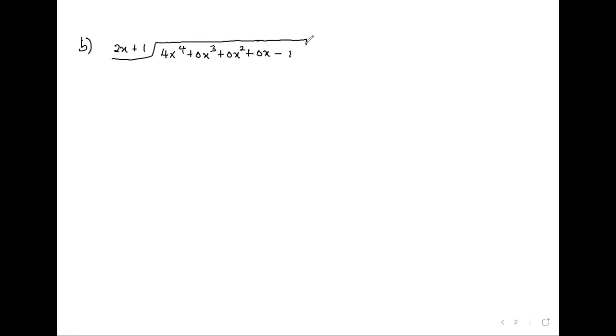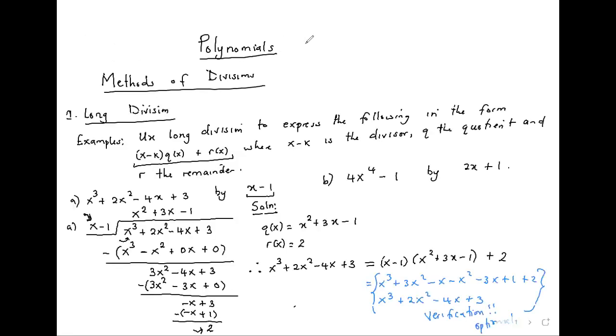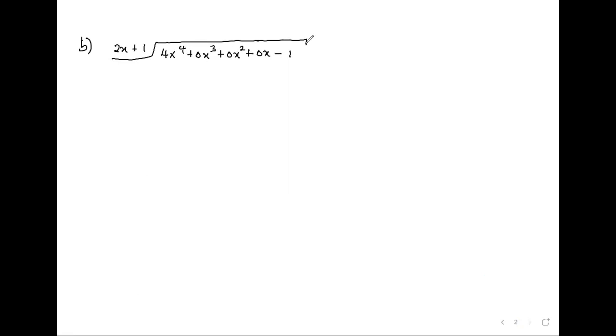So what I'm doing to the polynomial 4x4 minus 1 is, because I've noticed that some powers are missing and I'm trying to avoid all possible errors, so I'll put zeros to represent those missing powers.